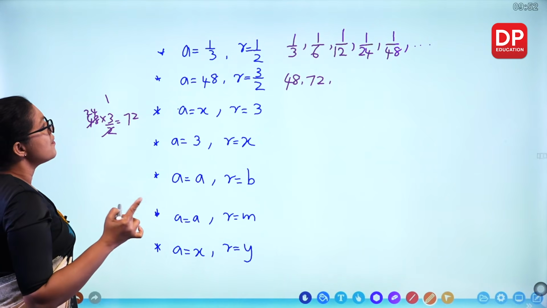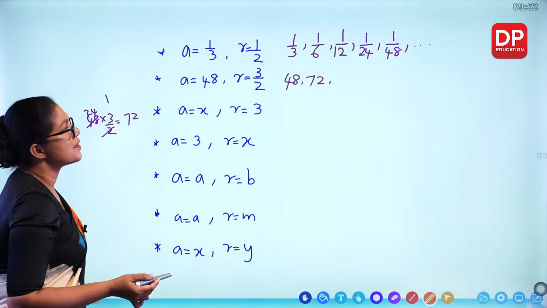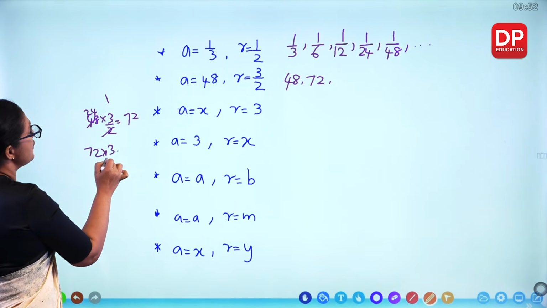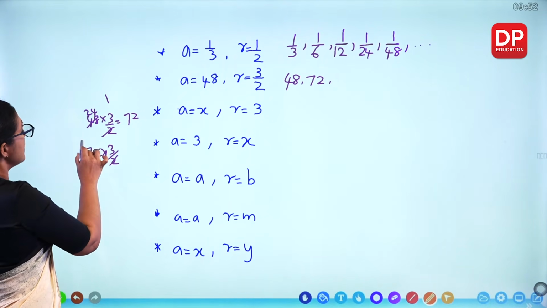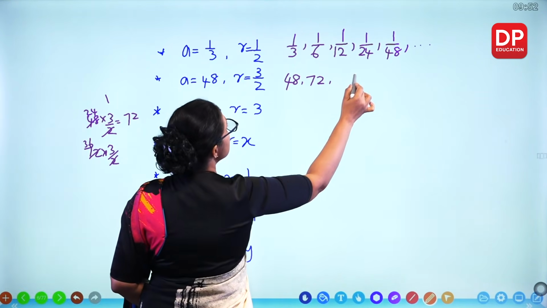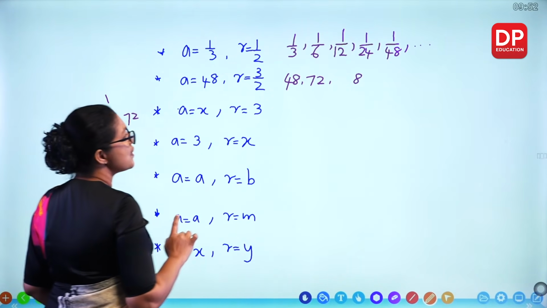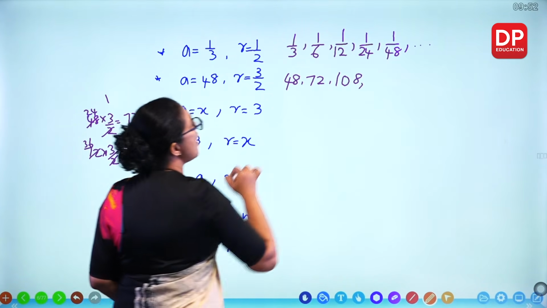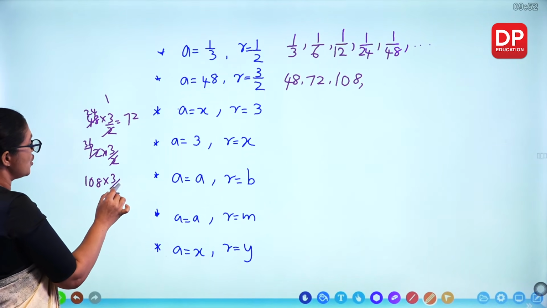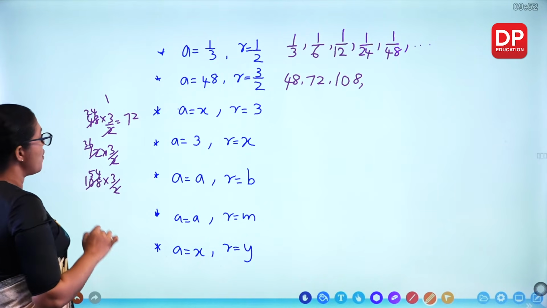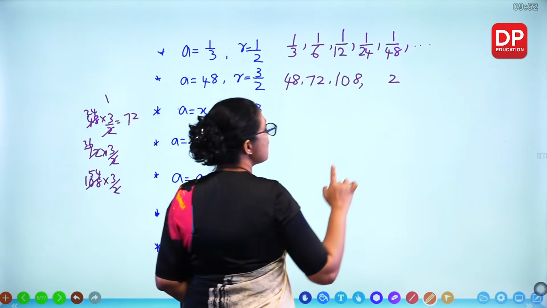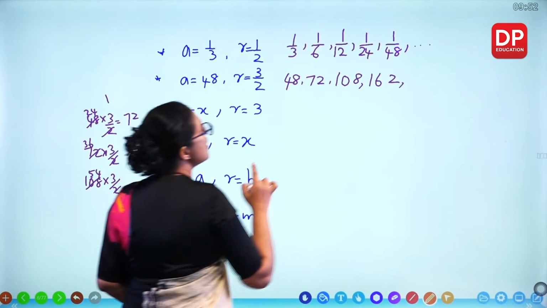72, another 3 over 2. So here 72 multiplied by 3 over 2. You get 36 times 3. 3 times 6, 18, 1 remaining, 3 times 3, 9 plus 1, 10, so 108. 108 multiplied by 3 over 2: 54 multiplied by 3. 3 times 4, 12, 1 remaining, 3 times 5, 15 plus 1, 16, so 162.